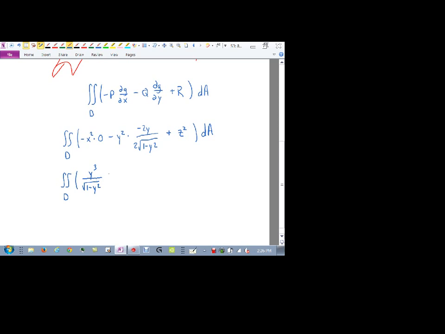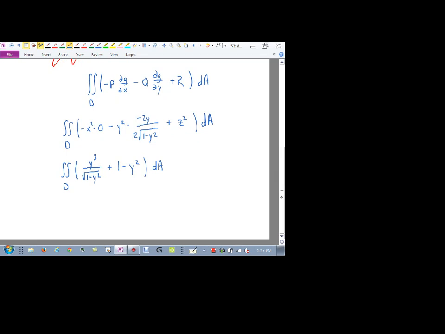Then plus z squared, but what's z? Square root of 1 minus y squared, right? So when we square that, we just get 1 minus y squared dA.